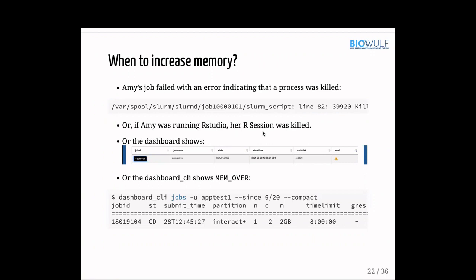If Amy was running RStudio, it's already very obvious because the session will just be gone and the window disappears. If Amy checks the dashboard, she will see a yellow exclamation point. That's a memory overrun. Or if Amy uses the command line, she can also see the error at the very end. Somehow the slides on Chrome just don't allow me to show them.